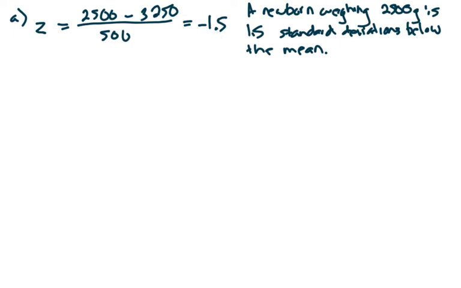So if you look at the table, what we're basically finding is, if our mean is 3,250 and we're looking for 2,500, our z-score table tells us this value here, or the probability of having a newborn weigh less than 2,500. So what we're going to do is find this on our table.